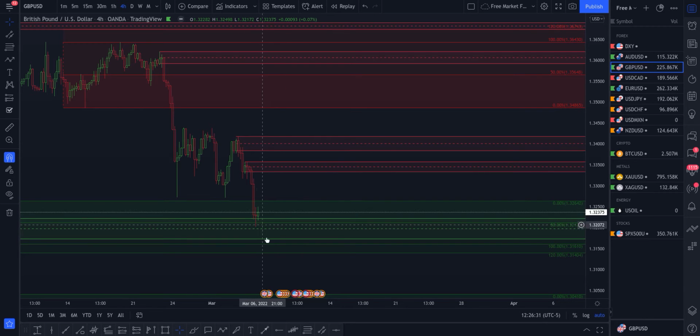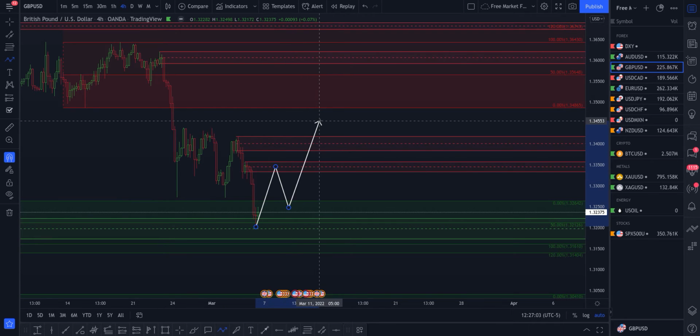So what would we be looking for? Because again, we don't want to just buy blindly, but we want to wait for confirmation. So what I would be doing is simply wanting to see this market go up, maybe tap into this 4-hour demand, pull back into a 4-hour, watch this market go up, tap into this 4-hour supply, and possibly pull back into a 4-hour demand, and then take this market to the upside.